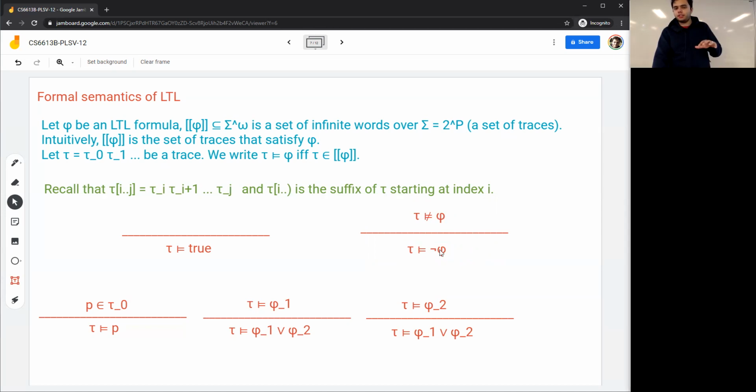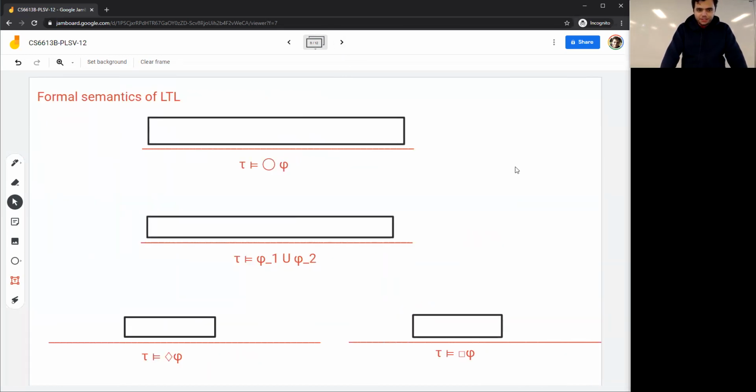It's if and only if: tau satisfies negation of phi if and only if tau does not satisfy phi. This applies to all of my rules. I'm not going to write two copies of each rule, just know that these are if and only if rules.